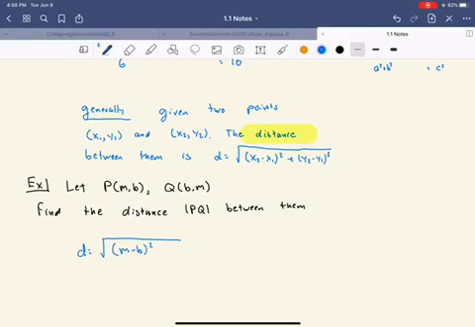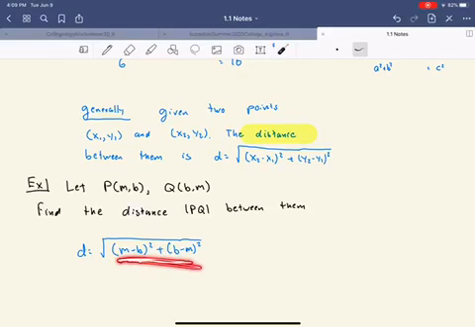M minus B squared plus, over here, we're going to take B minus M. Now, when you square these, they give you the same thing, right?